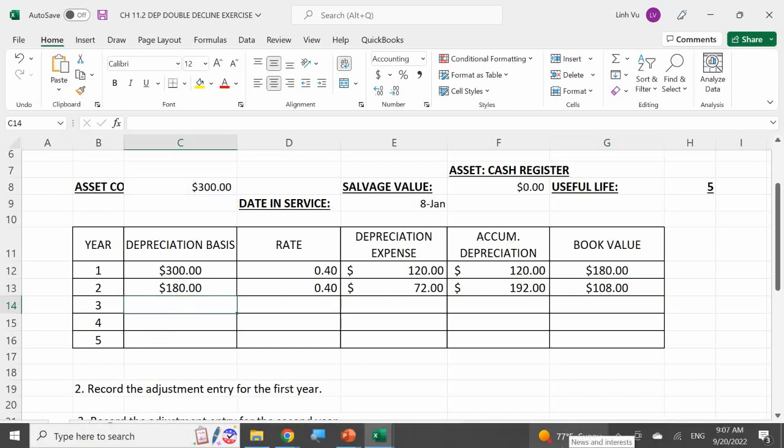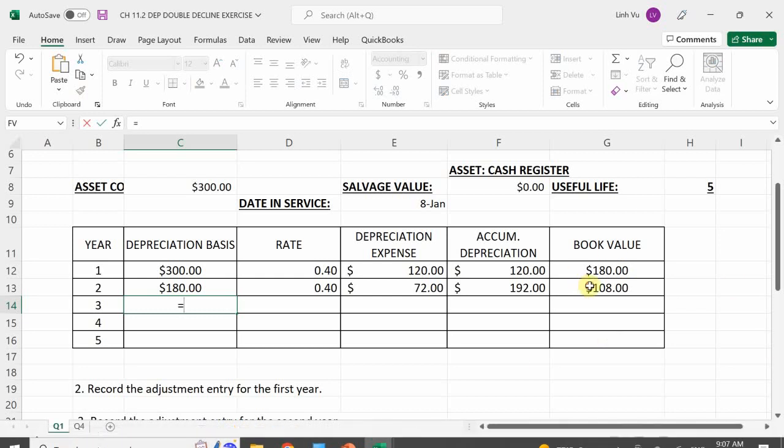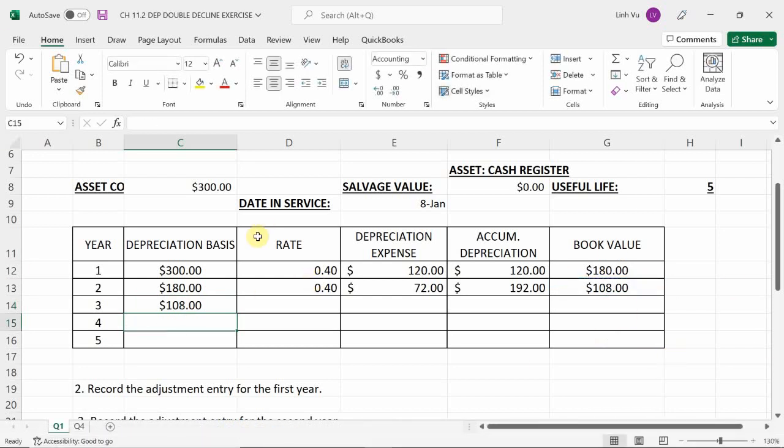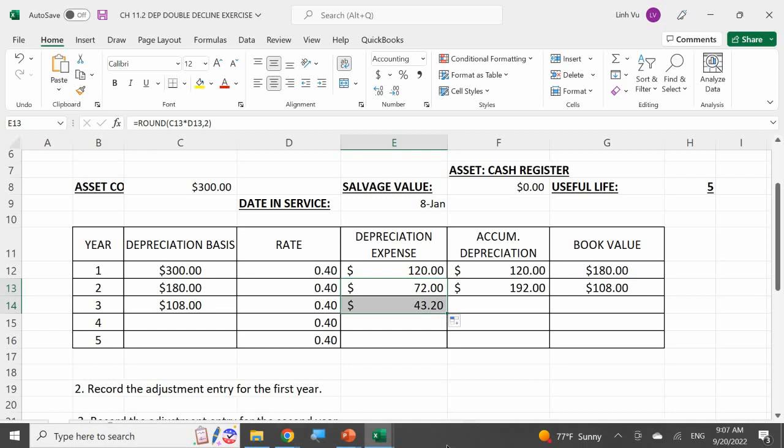What's my depreciation basis? 108. Okay, what's my rate going to be? 40%. So in this case, we already know it's going to be 40% for every single year. So what is my depreciation expense going to be for year 3? $43.20.